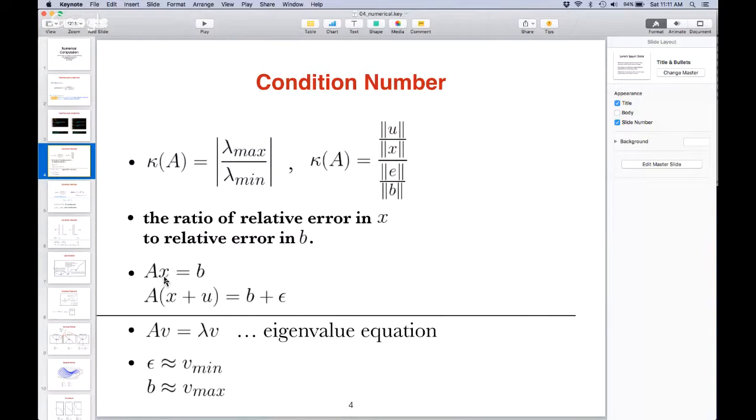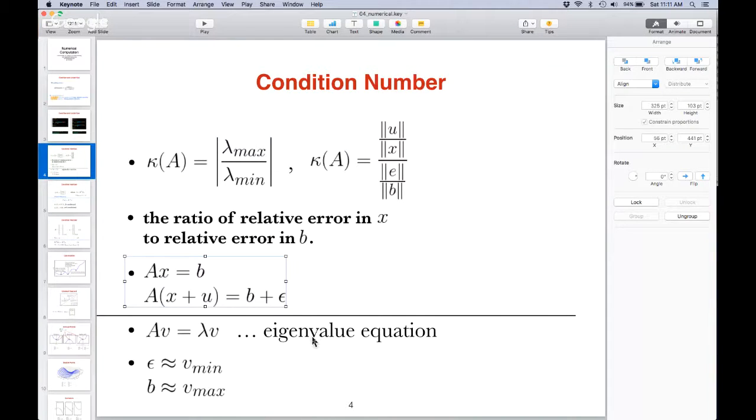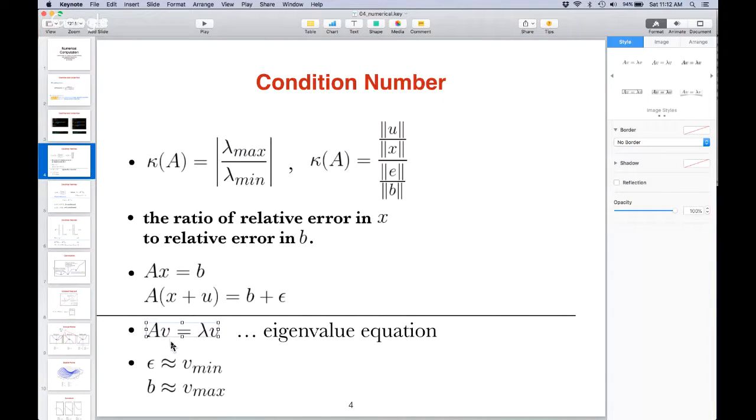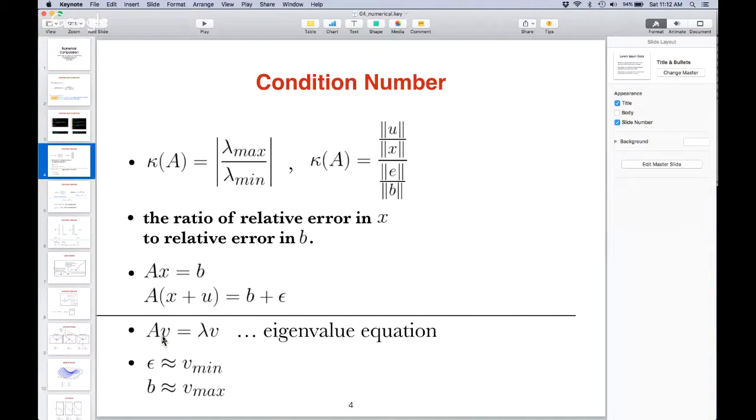Here I have AX equals B, and the characteristic equation, so-called the eigenvalue equation, is given by AV equals lambda V, where V is the eigenvector of A, and lambda is the eigenvalue that corresponds to that particular eigenvector V. And if the matrix A is an n by n matrix, it basically describes a system of n linear equations in n unknowns.